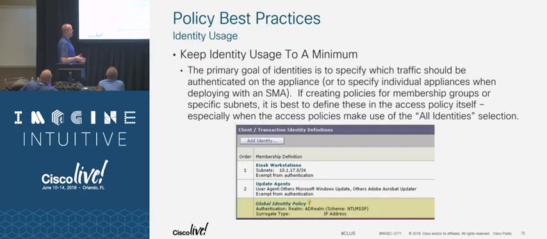So let's talk about identities. You want to keep identity usage to a minimum. The goal of an identity at its most basic level is to determine, who do I want to authenticate? So when it comes down to it, in most cases, you're going to have a big bucket of users that are your normal users. Corporate image, regular people, nothing special about them.